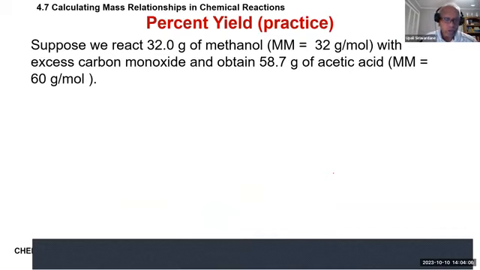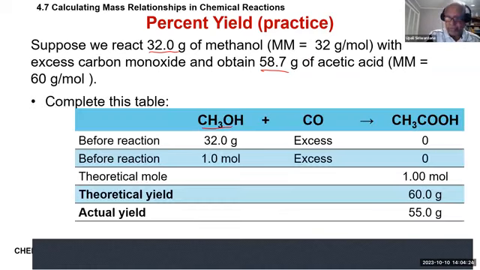So you are given a question: 32 grams of methanol with carbon monoxide. That's a reaction between methanol and carbon monoxide that gives you acetic acid. You start with 32 grams. Molar mass of methanol is 32. You can add them up and see whether you get that. So 32 divided by 32 is 1 mole.